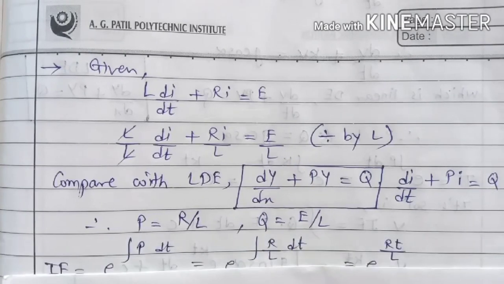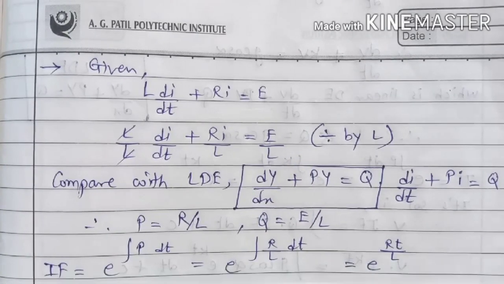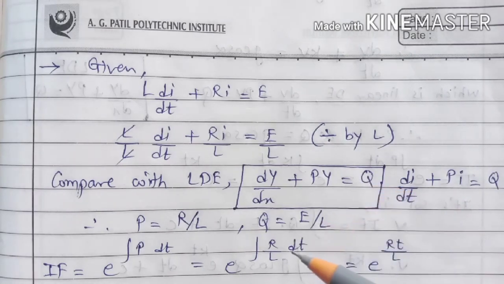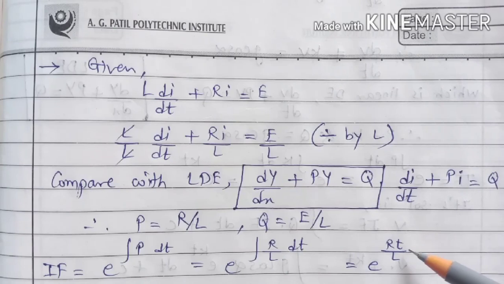Now first we find the integrating factor. Integrating factor is e raised to integration P dt. Here the value of P is R by L. So R by L is constant and integration of dt is t.